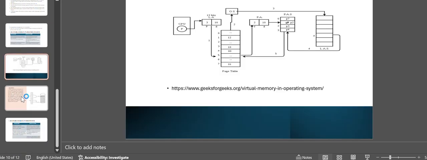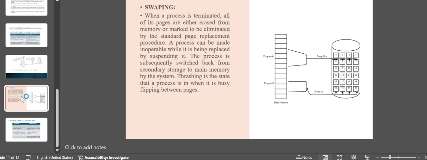And here you can see the last one, swapping. When a process is terminated, all of its pages are either erased from the memory or marked to be eliminated by the standard page replacement process.